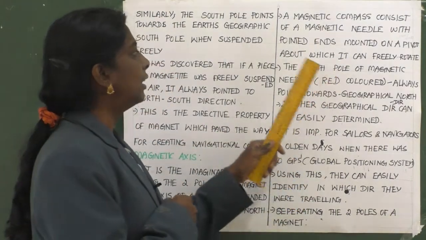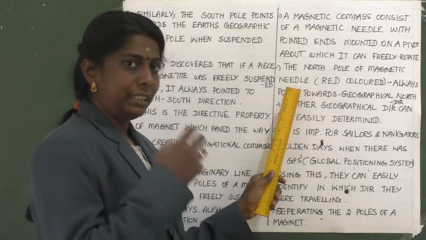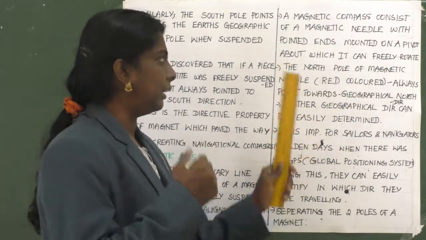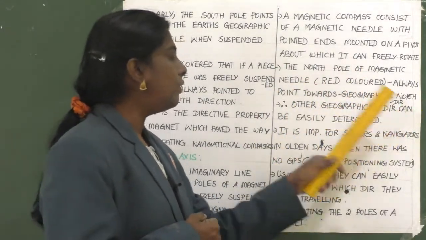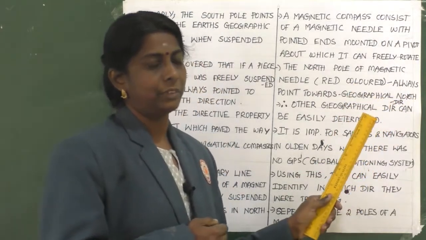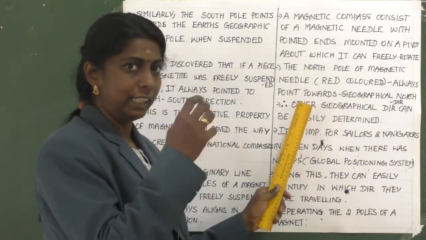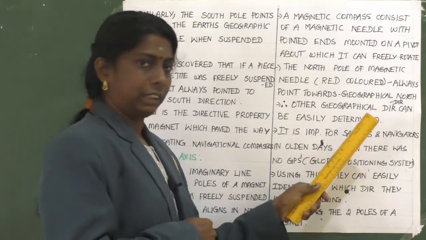Clear? Then, the north pole of a magnetic needle is differentiated with the red color. The north pole of the magnetic needle, red colored, always points towards the geographical north direction. So, the red color part of the needle shows the geographical north direction.